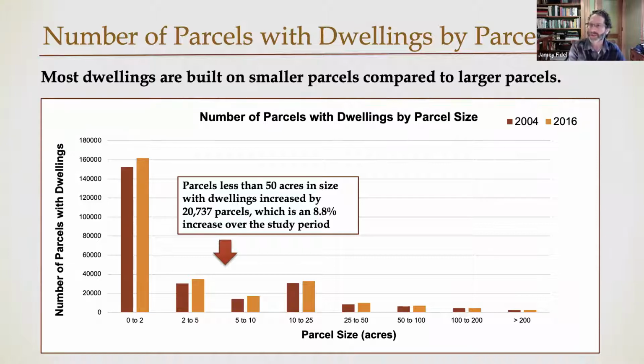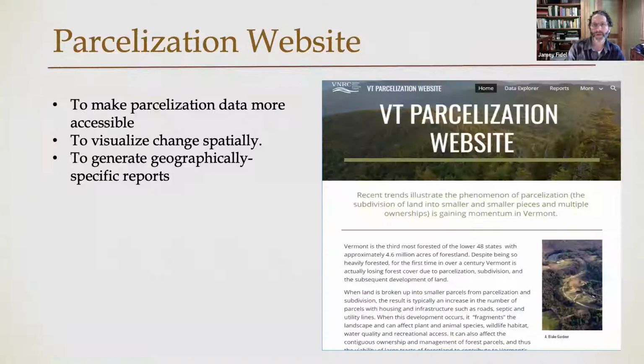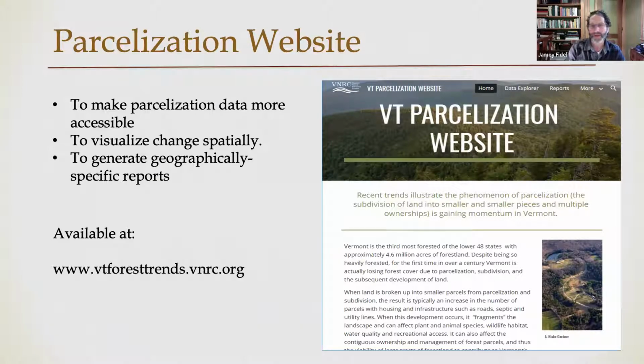And so subdivision has been occurring, and we've quantified that, over this study period that we looked at, that we had an increase of almost 21,000 parcels that had a new home on it, an 8.8% increase. And this is just to show you that we have this parcelization website. You can look at all the data, regionally, at the townwide level, at the statewide level, and we'll be updating this soon.